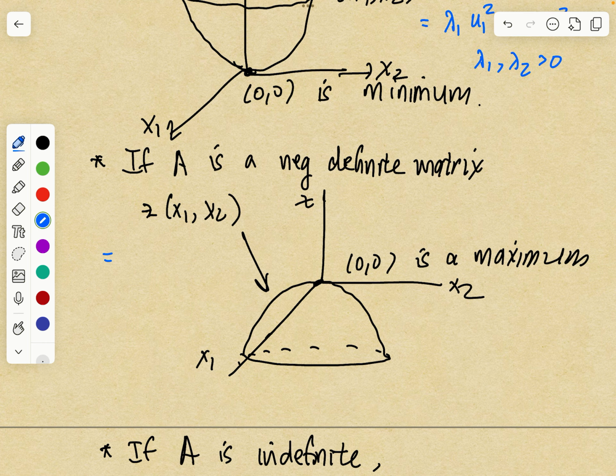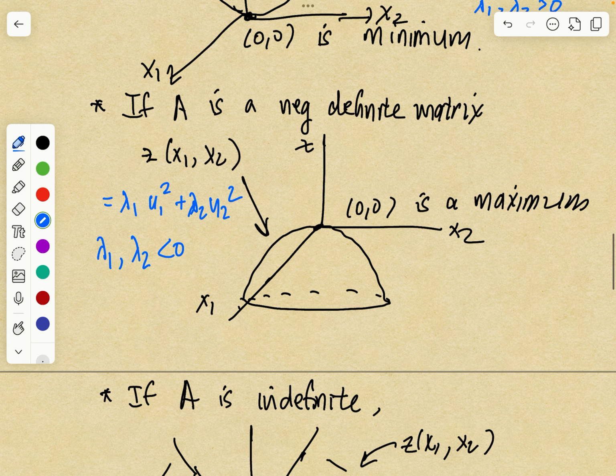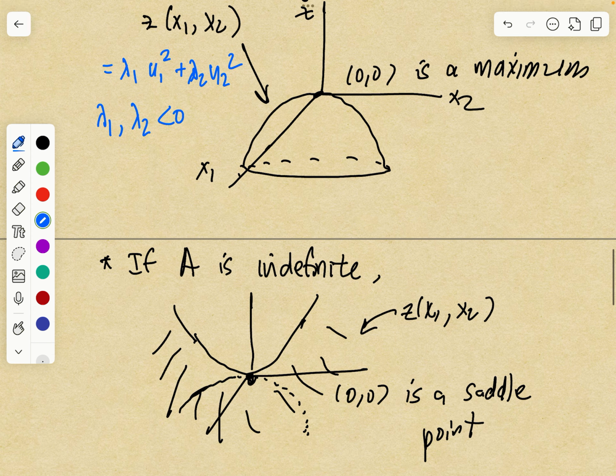If A is negative definite, after a change of variables, it will still have the form lambda 1 u1 squared plus lambda 2 u2 squared. But if the eigenvalues lambda 1 and lambda 2 are negative, the graph is going to be this downward pointing bowl.